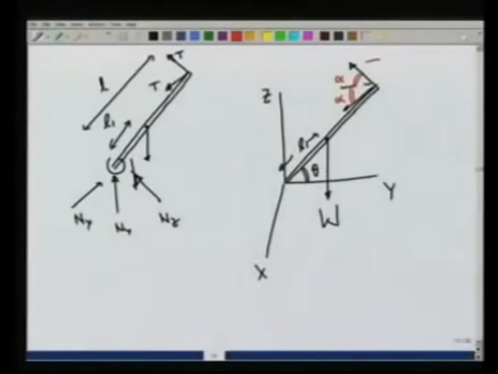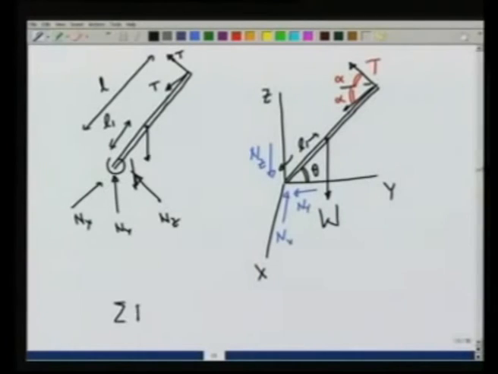They are in the xy plane. We want to find out the tension in the rope and the forces Nx, Ny and Nz. At this point, I am making all the forces towards the origin, but it does not matter.